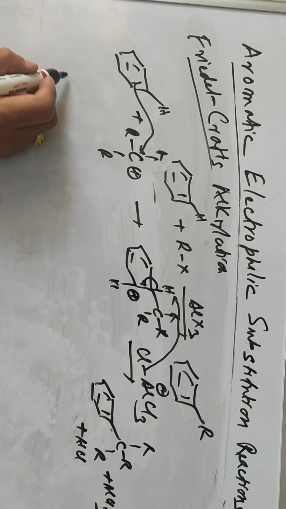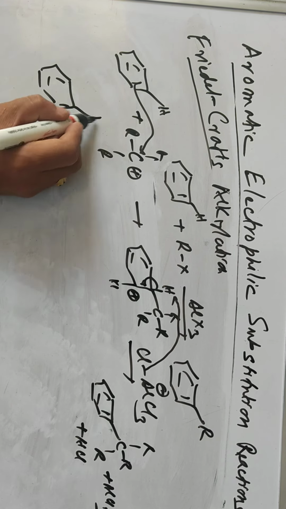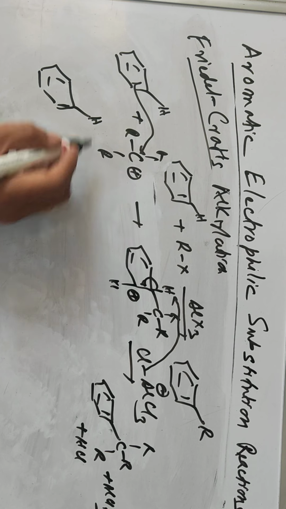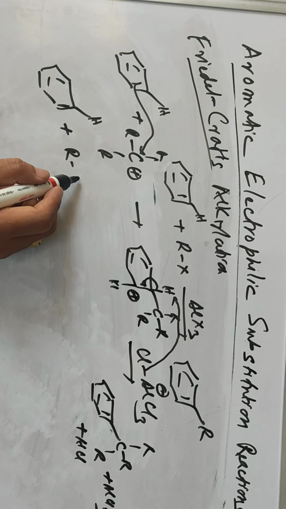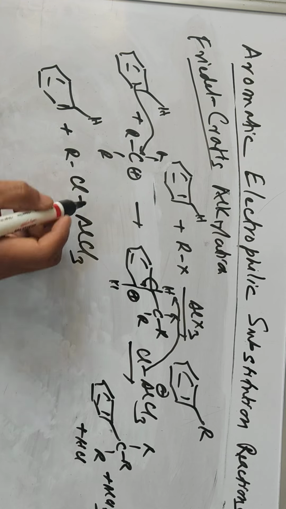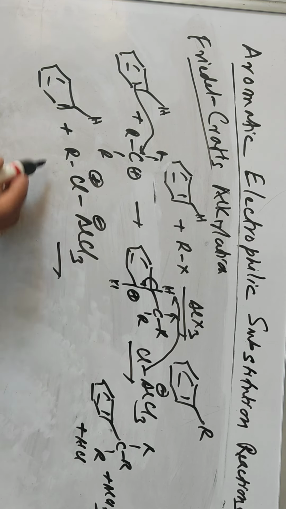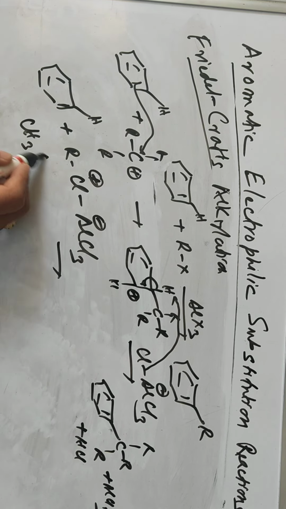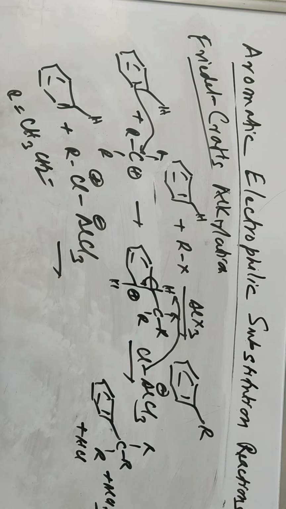The second possibility of the mechanism is when R is a small group, like methyl, with Cl and AlCl3, giving a positive charge and a negative charge. When R is a methyl or CH2 group, rather than a bulky tertiary group, we have a different mechanism.